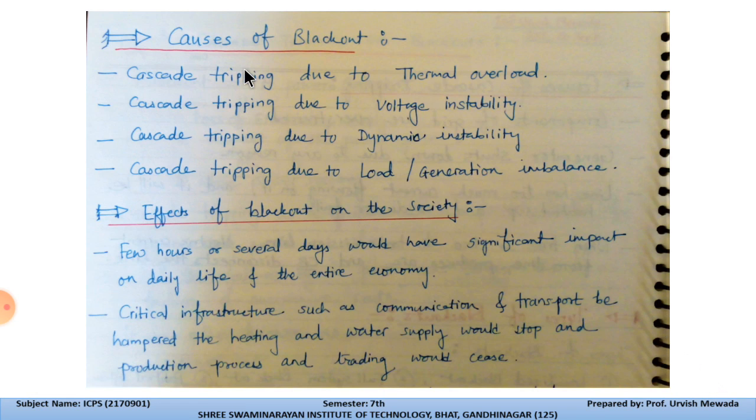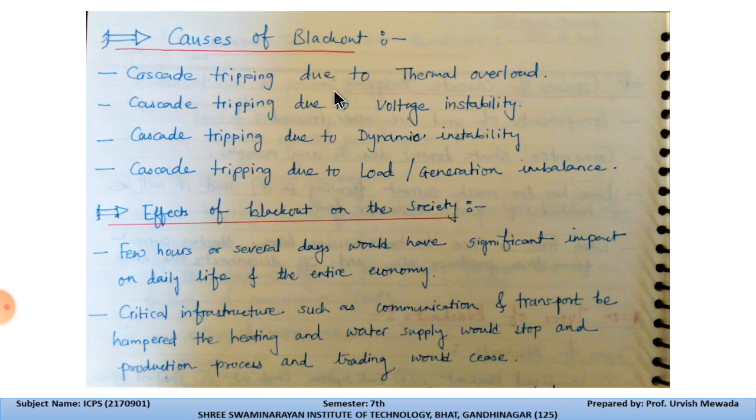Now, causes of the blackout: if cascade tripping occurs in the consequent stations, thermal overload occurs, and due to the thermal overload, cascade tripping can occur, because if thermal overloads develop, overstress develops due to the transferring of load to the subsequent stations.